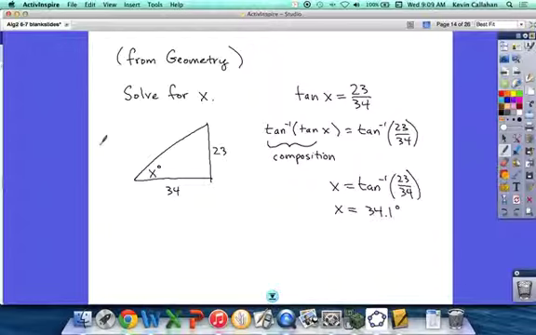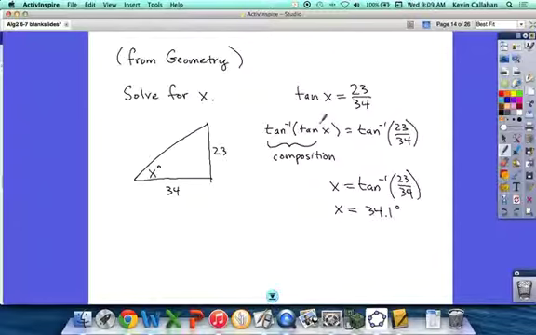And what you did, what you may not even have realized, is we use the inverse tangent function. If you do the tan inverse of both sides, on this side, the tan inverse of the tan, that's the composition that we did in the last class. That is a composition of functions right there.